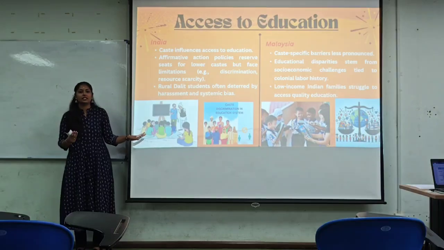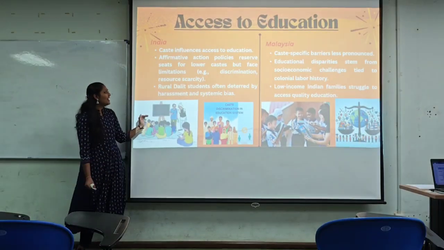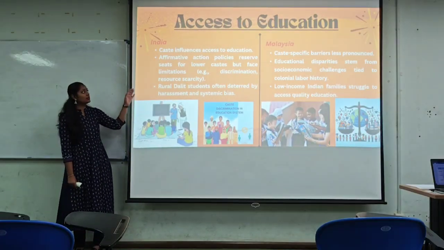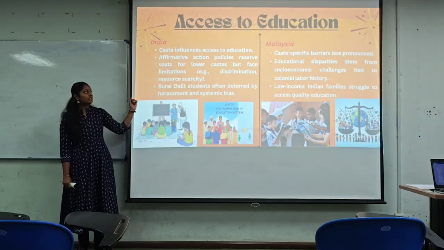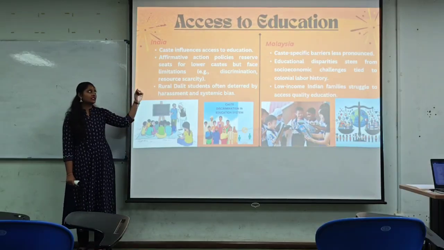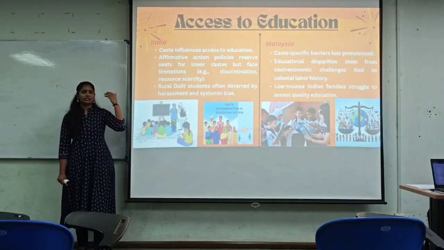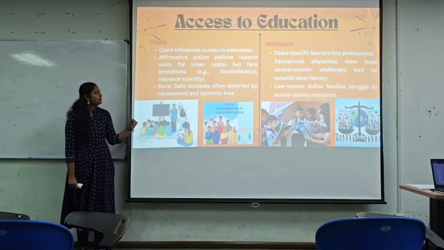They will feel like it's a pollution. They will feel like that. So this really happens. Till now, it happens mainly in the rural areas in India. So there are also certain policies for it, but as I said, the discrimination and the harassment is still going on because of the society's thinking and so on.